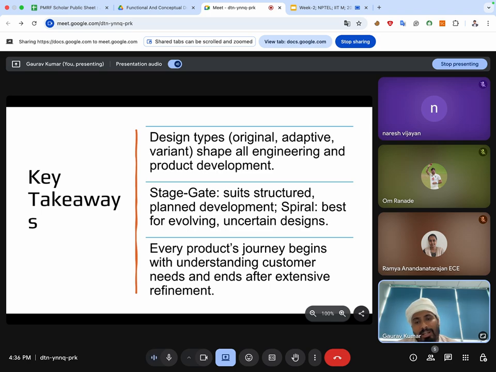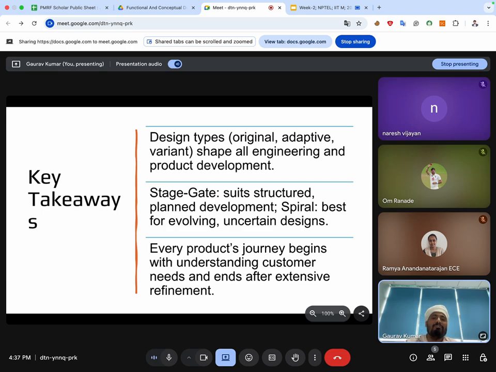For example, while developing a mobile app, we first launch a beta version, gather feedback, then fix bugs and features and repeat the cycle. Each spiral delivers an improved product. So it's perfect for innovation and continuous improvement.